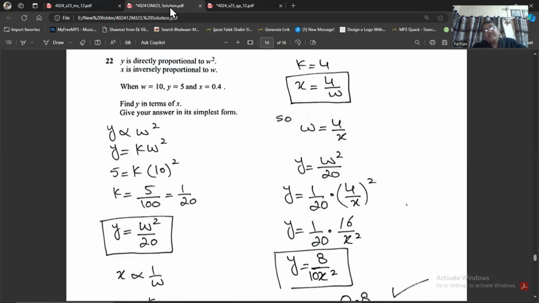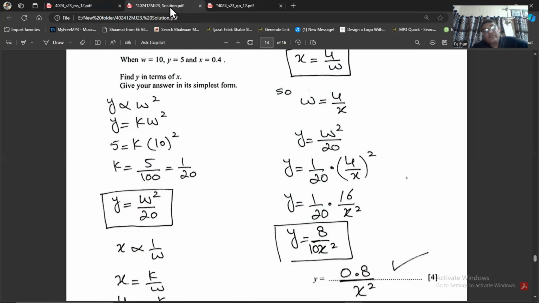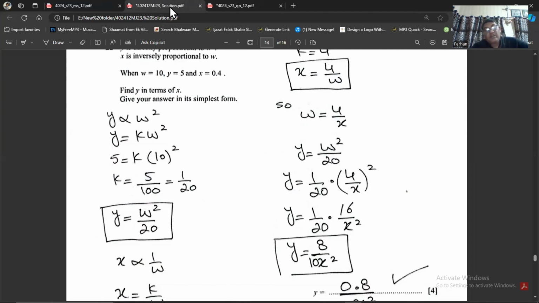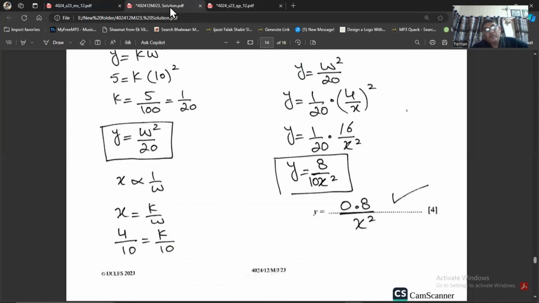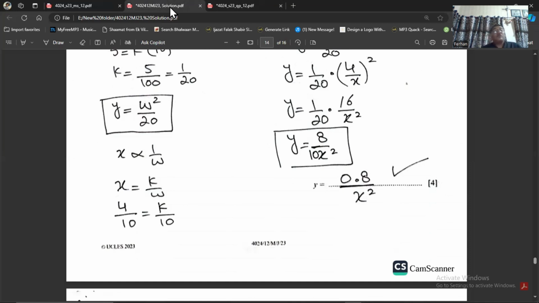Then they say x is inversely proportional to the w. So x is proportional to 1 by w. So x will be equals to k by w.